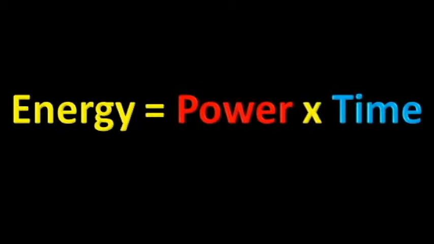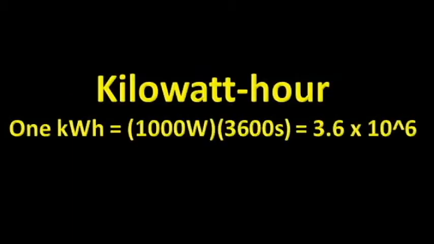And if you want to find the energy using the power, then you just have to multiply the power by the time that you use it for. And the companies usually charge much larger units, such as the kilowatt hour. So 1 kilowatt hour is equal to 1,000 watts times 3,600 seconds, or 3.6 times 10 to the 6 joules.